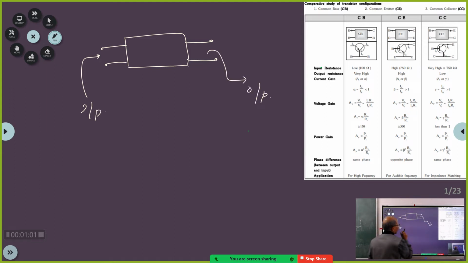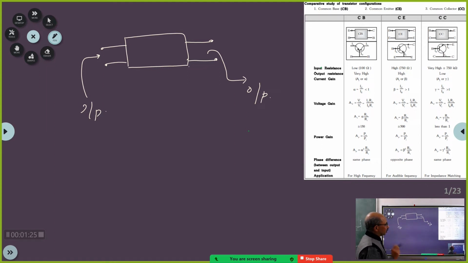Now there are three configurations. You are feeding something at the input, and you are getting something at the output. What are the important parameters you should consider when dealing with these types of configurations?